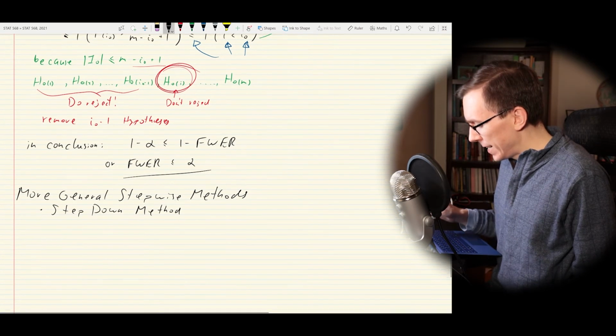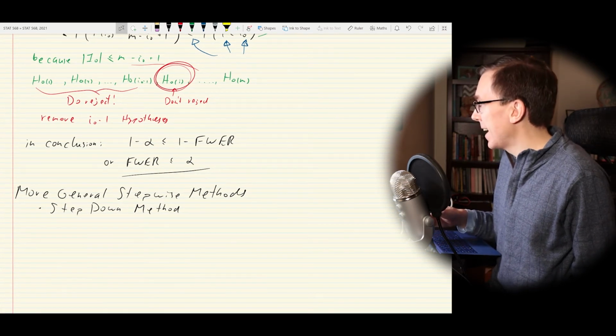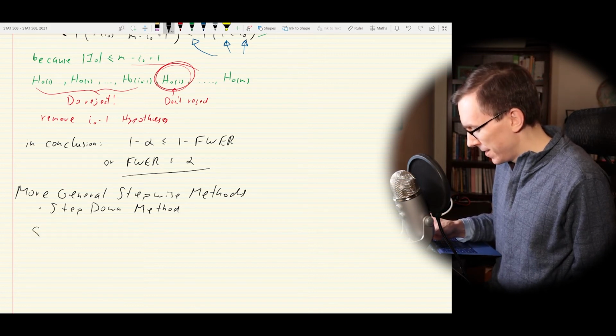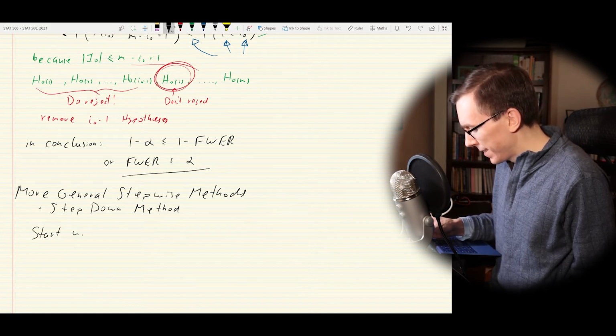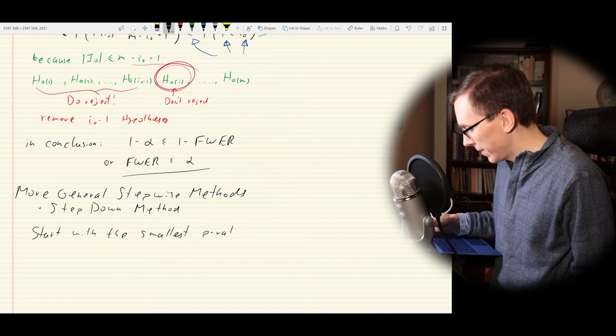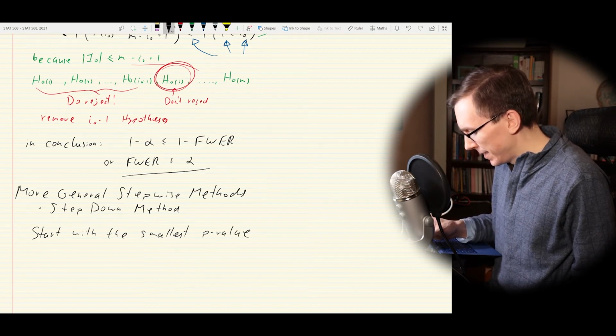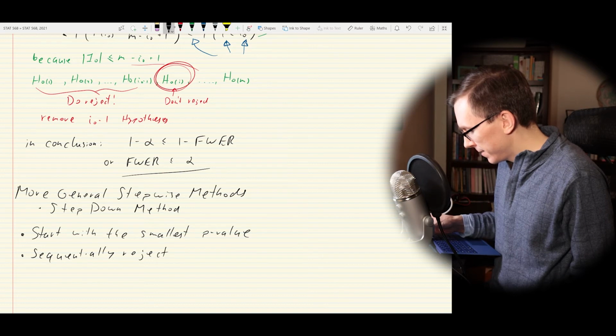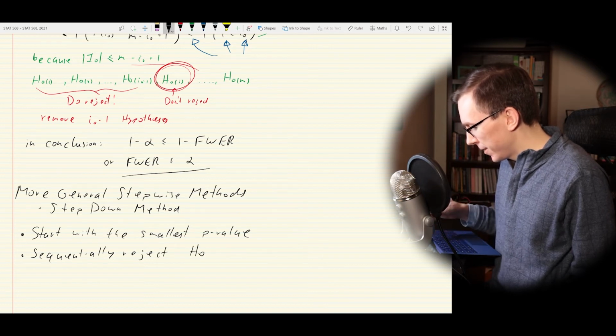So the general idea of a step down method is that we start with the smallest p-value and we sequentially reject null hypotheses.